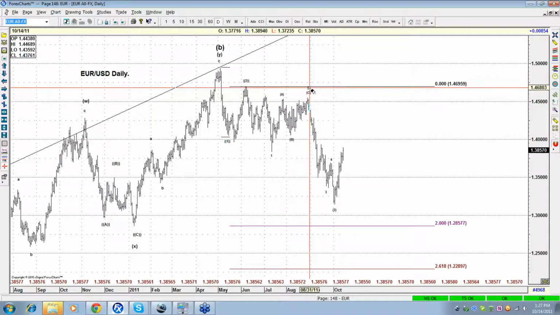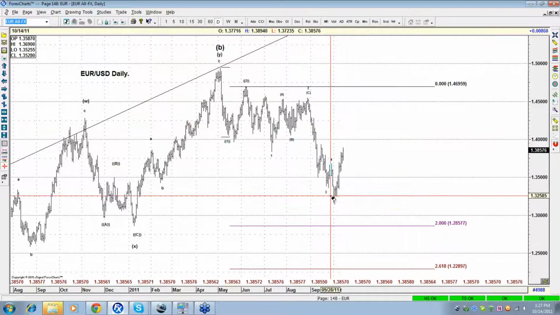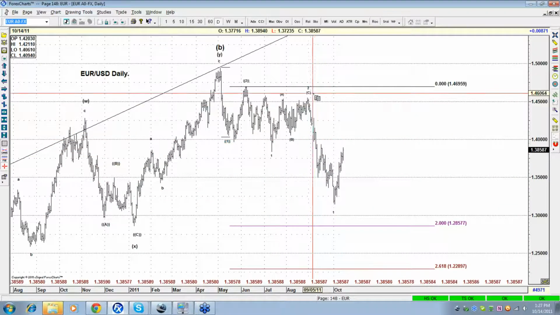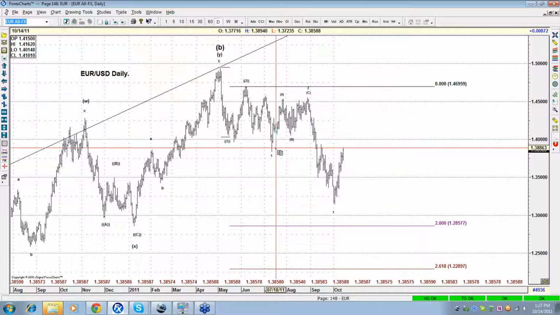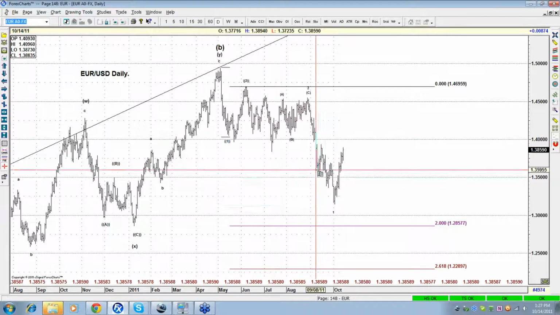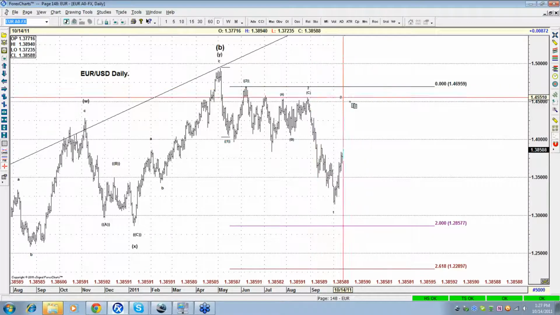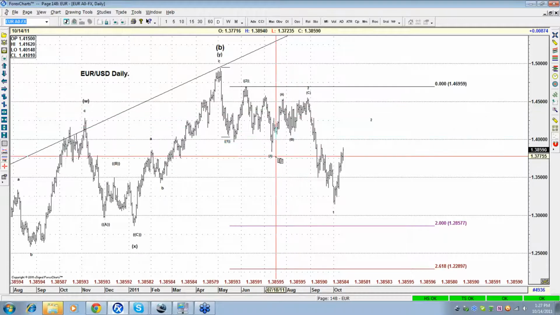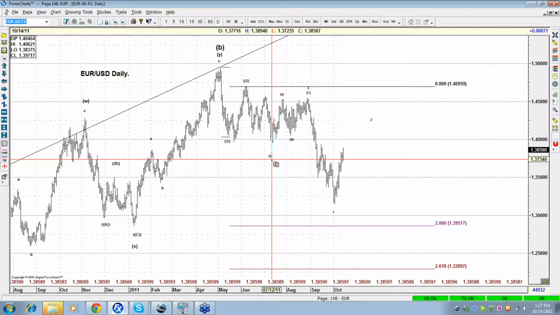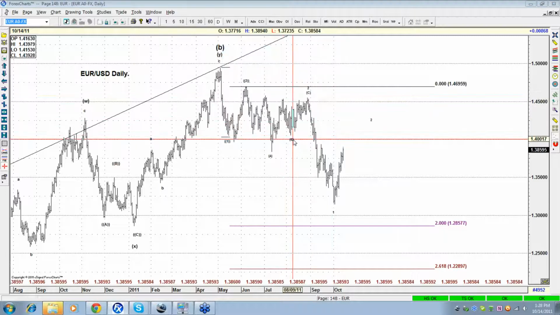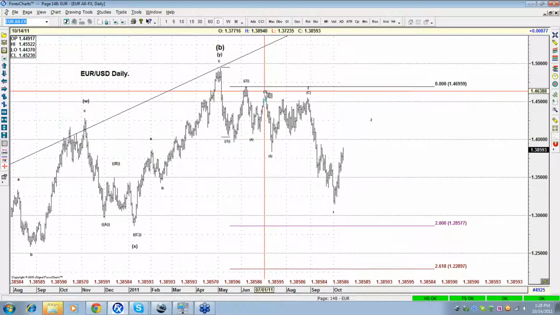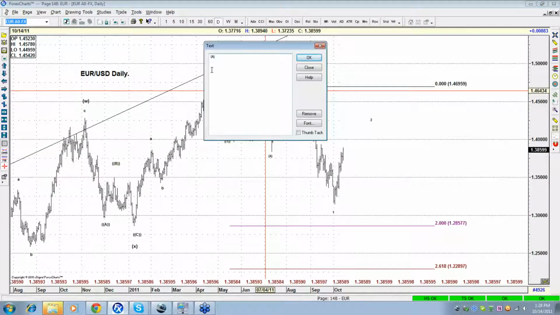Something like this. I don't know why this one didn't update. This is very bullish. Something like this. This is my preferred count in the euro as of right now.